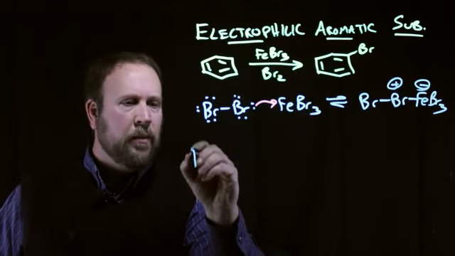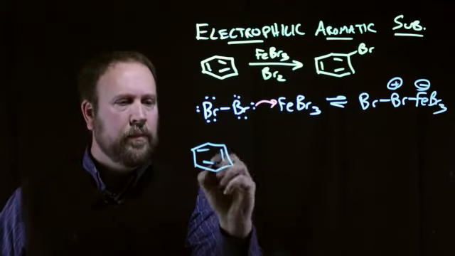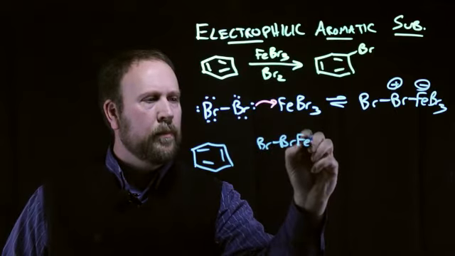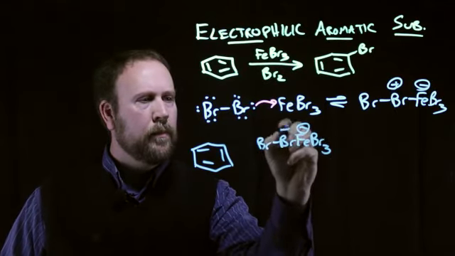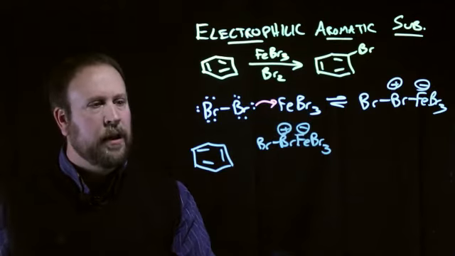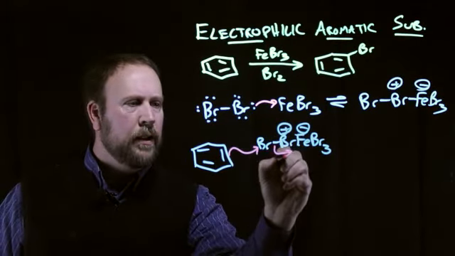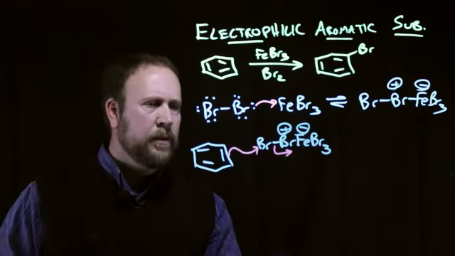So if we take a look at our mechanism, the same thing is going to happen as we looked at in our general mechanism. The aromatic system is going to attack this bromine, kick off our leaving group.